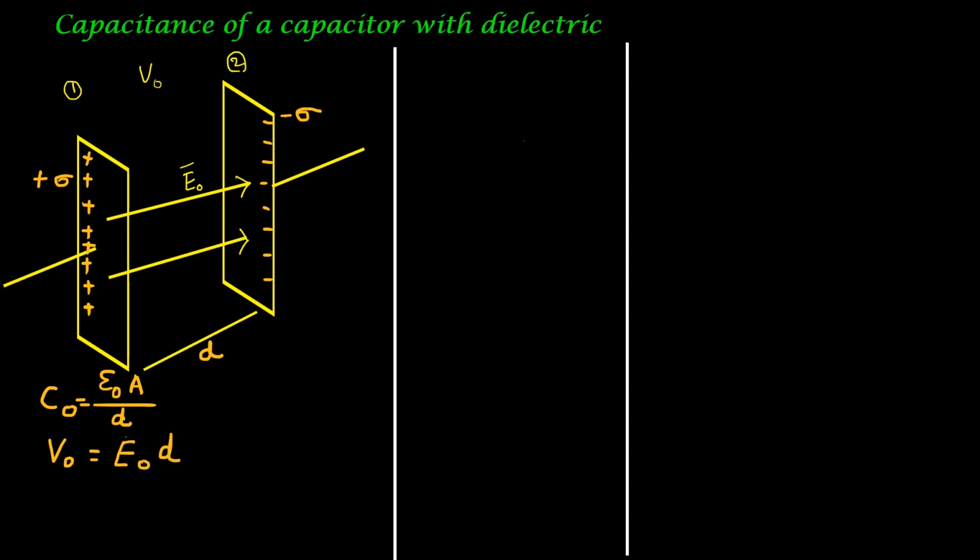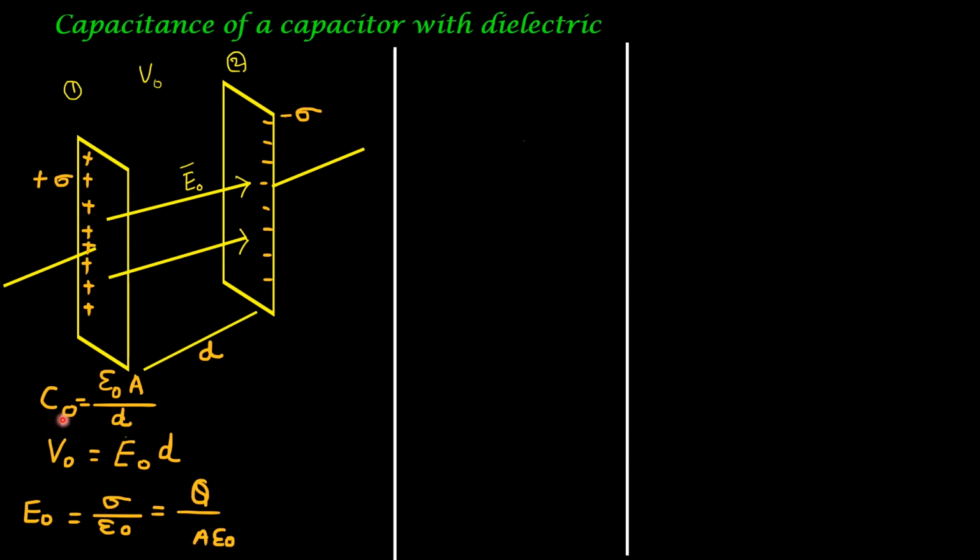Similarly, V0, the initial potential difference, that is without dielectric medium, is equal to E0 into d. E0, the electric field, is equal to sigma upon epsilon naught, which is equal to Q by A into epsilon naught. Q by A is equal to charge density sigma.